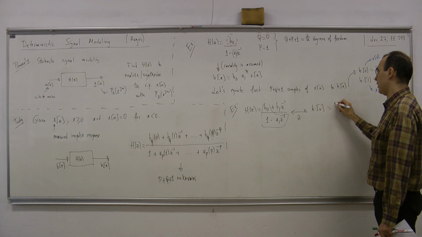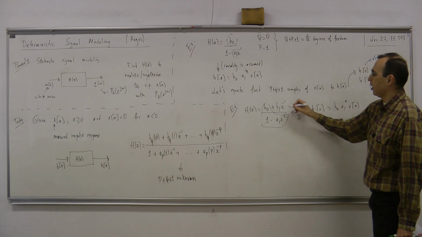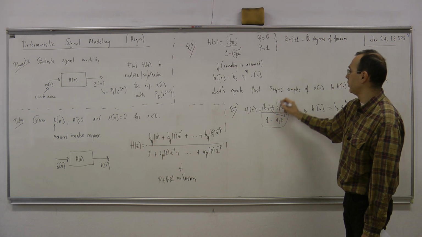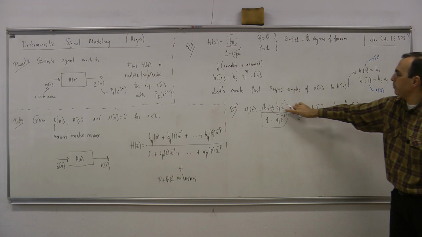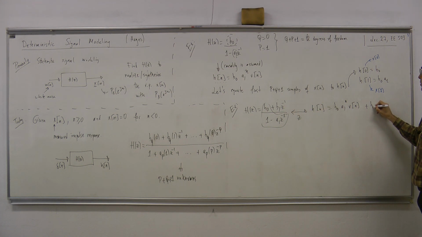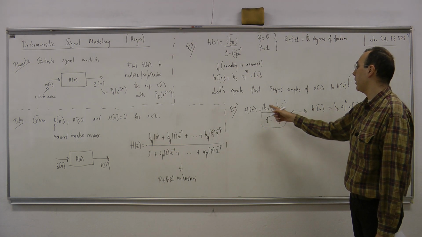So this is equal to b0 a1 to the n, u of n. And this part is nothing but a shifted version of this one, multiplied by b1. So this is b1 a1 to the n minus 1, u of n minus 1. That is it. So this is my model, this time with 3 parameters.